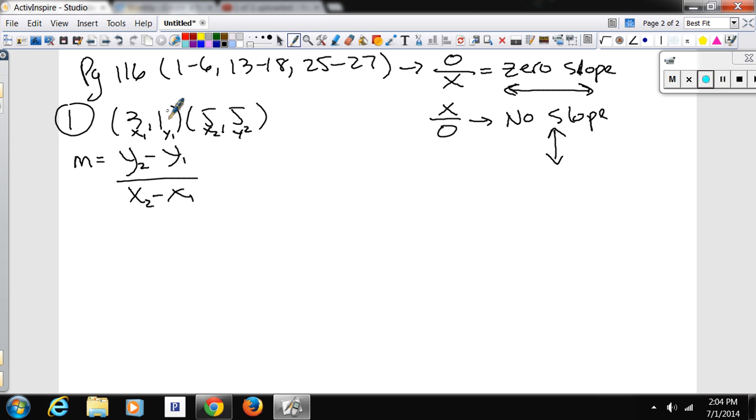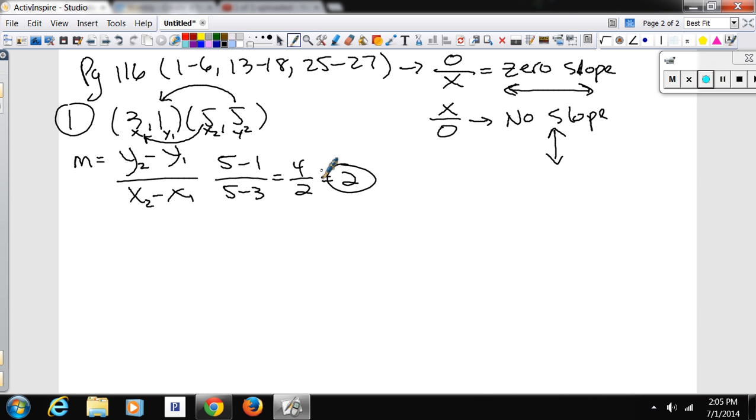So y2 minus y1 would be 5 minus 1, and then 5 minus 3. My slope is going to be 4 over 2, which is 2. It's not horizontal or vertical because it doesn't have a 0 or no slope. It's just got a slope of 2.